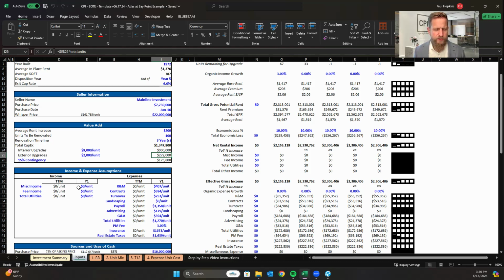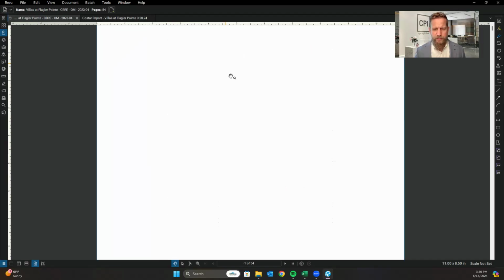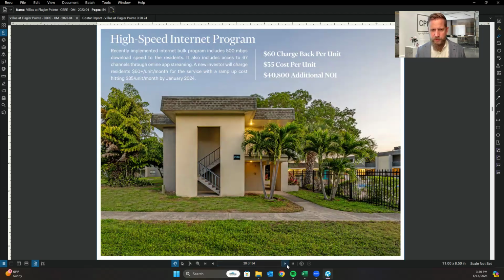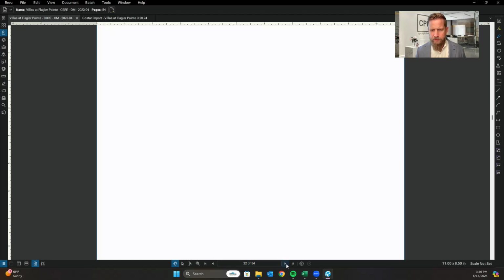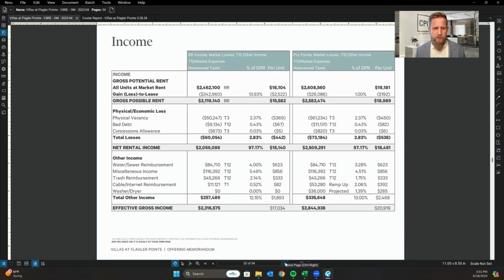Other income. So miscellaneous income, fee income, and total utility income. So again, you could pull this straight off of the broker offering memorandum from their financial section. So if I jump back to wherever that was in their financial analysis, here we go.